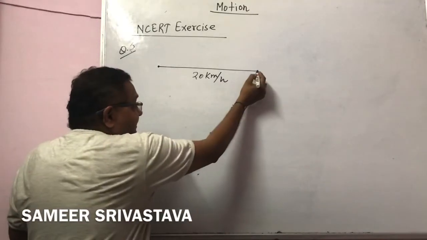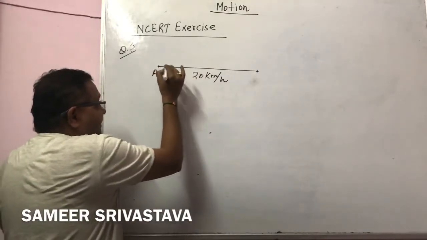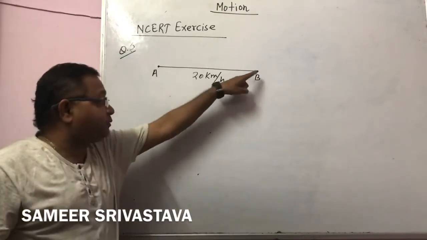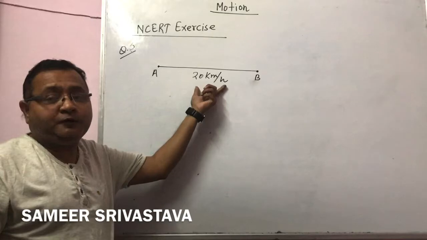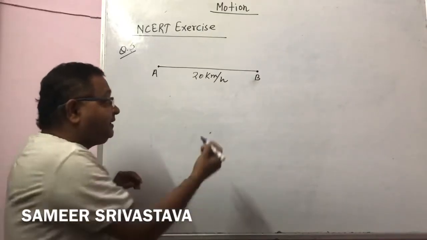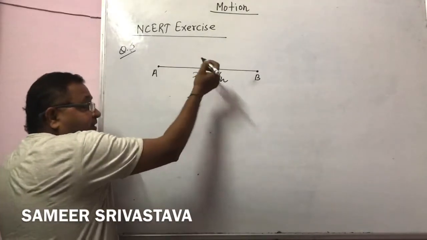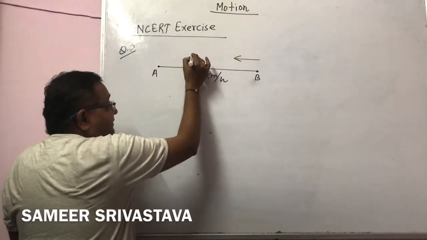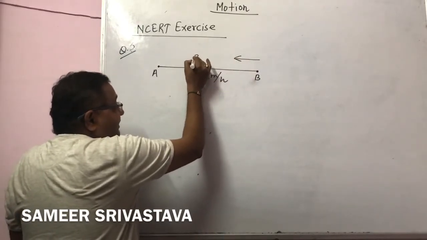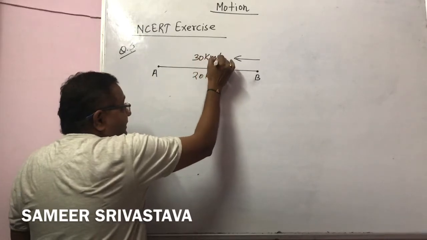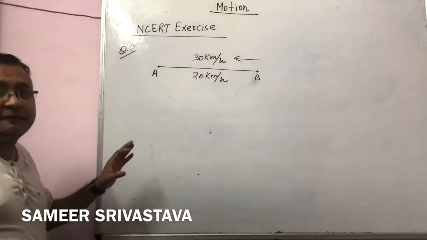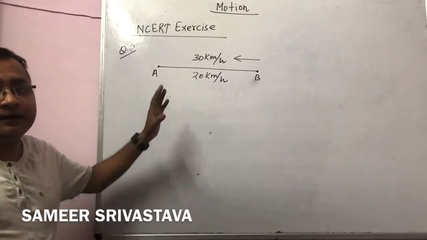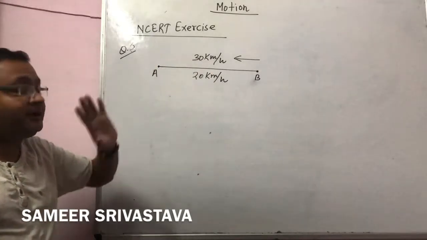And when he returns back, if I say this is point A and the school point is B, when he reaches the school with an average speed of 20 km/h, on return the traffic is less. So in the case of returning back, his average speed is 30 km/h. In the question, we have to find what is the average speed attained by Abdul in his total trip.